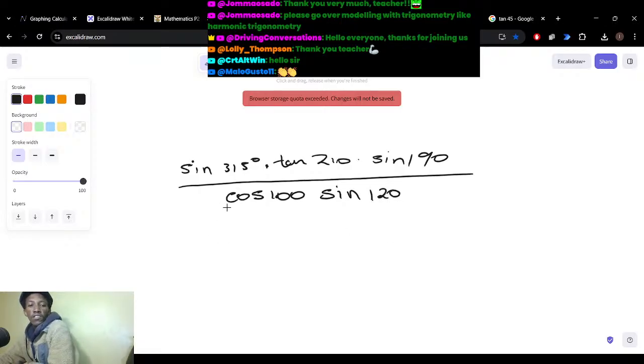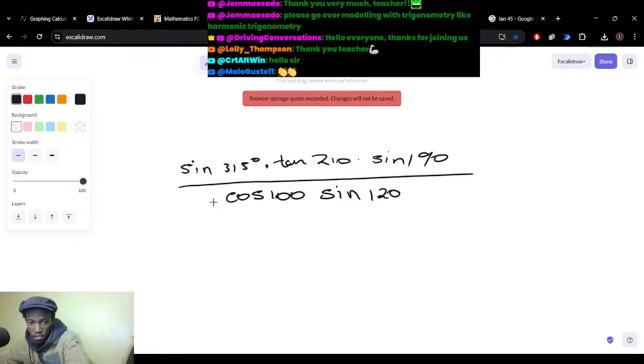So how do we solve this without a calculator, just using our brain power? For such equations, you have trigonometric reductions that you may use to simplify them, right?